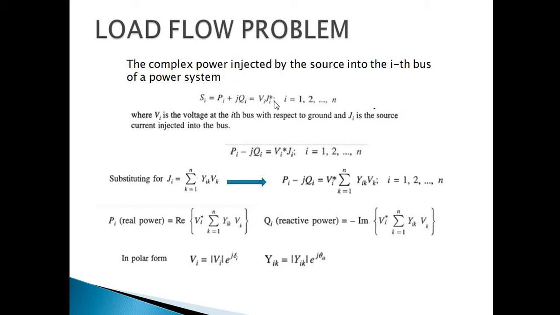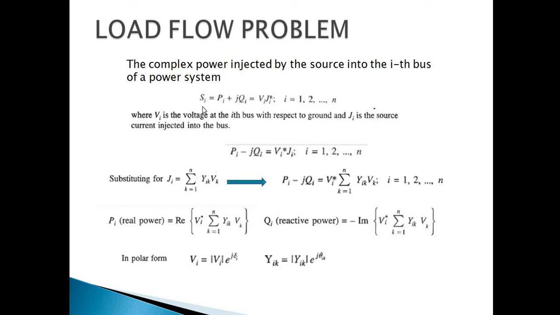Remember we talked about J as the current source. So here we have a current injected in the node. That means we have a current source that is pointed towards the node. We will take its complex conjugate and multiply with the voltage.